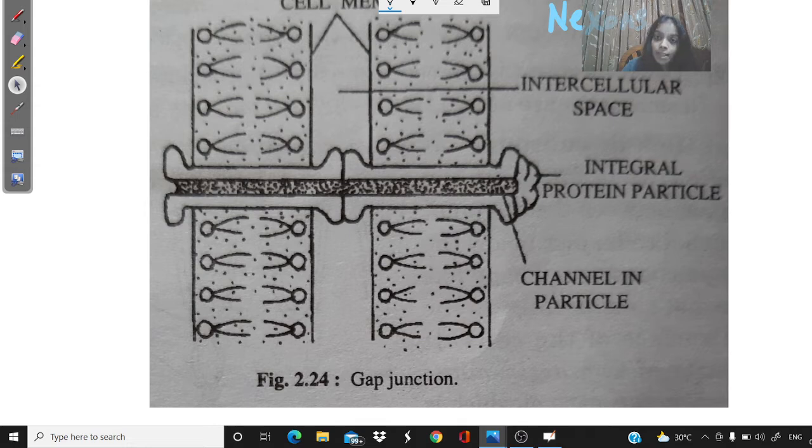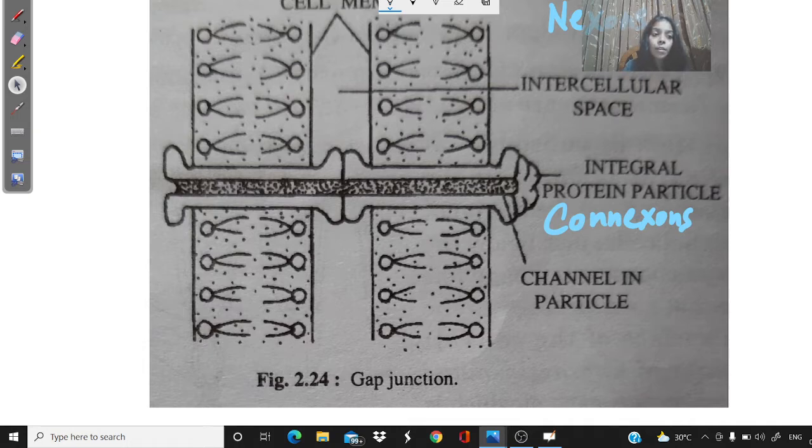So what happens is, these nexons, they are formed of proteins called connexins. Okay, I'm writing down over here connexins. So these connexins, they are intercellular junctions through which substances from one cell can pass into another cell. Okay, so these are gap junctions.